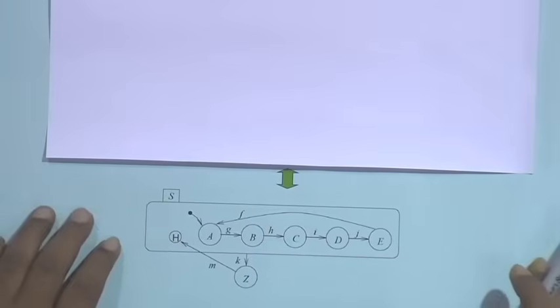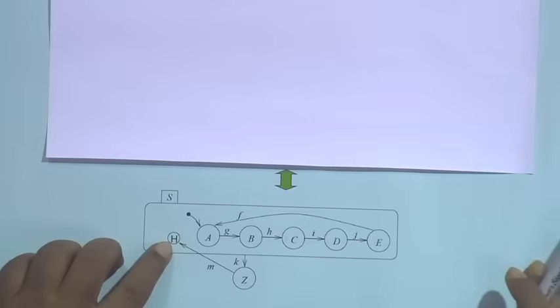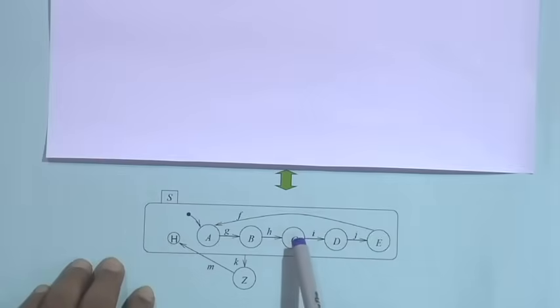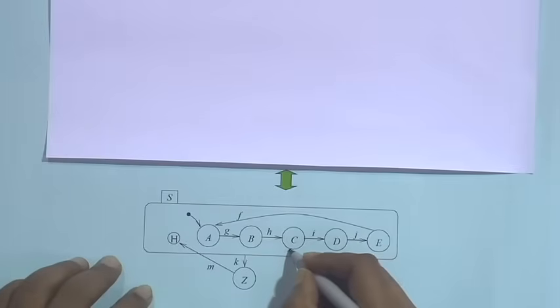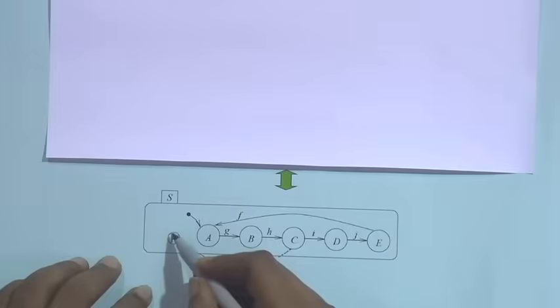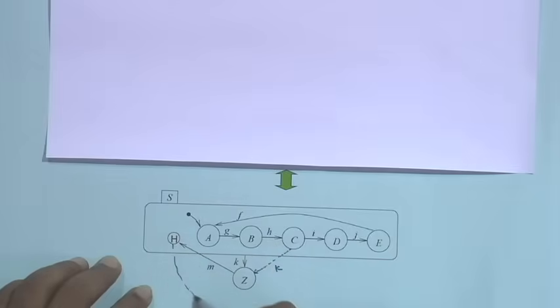What does that signify? That I will re-enter S through the state from where I left. Suppose I left from here. Actually, when K happened, I was here. Then H will actually take me back to this state C, from where I will continue.